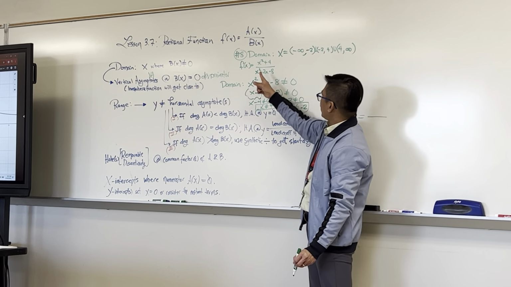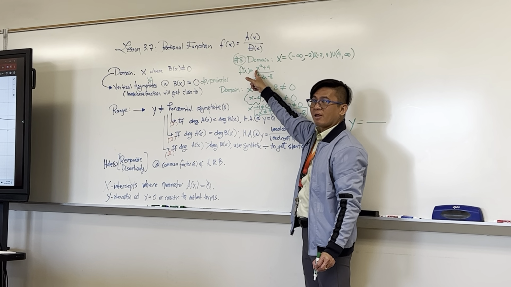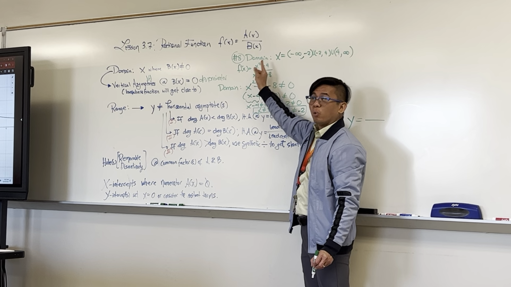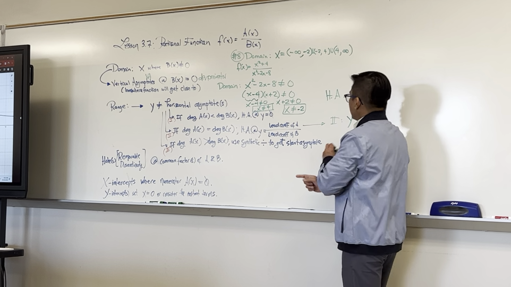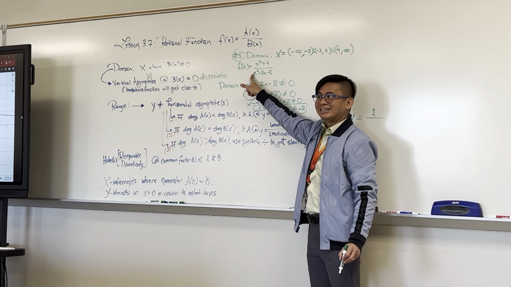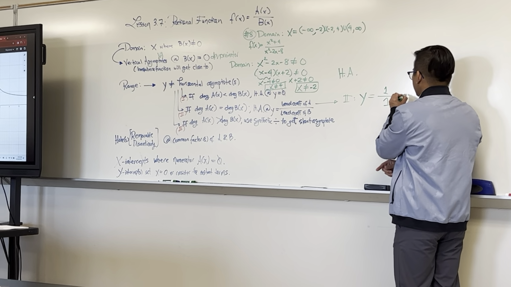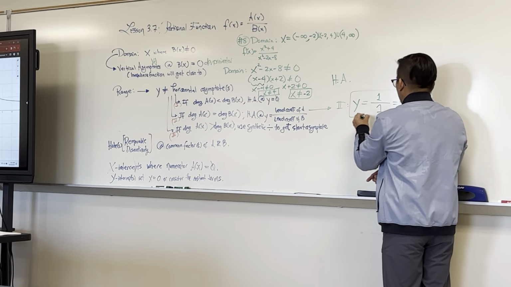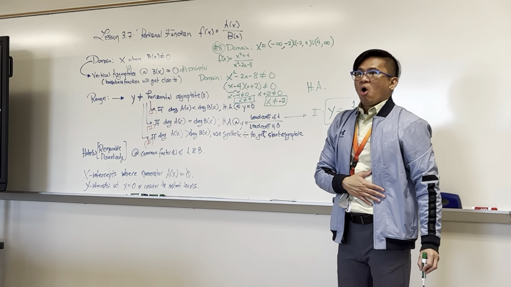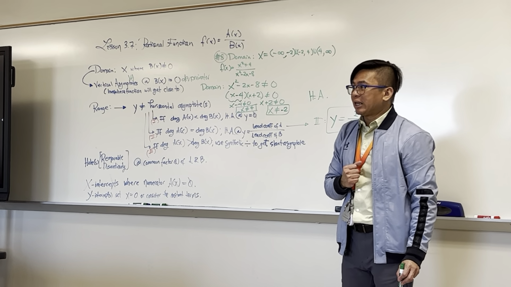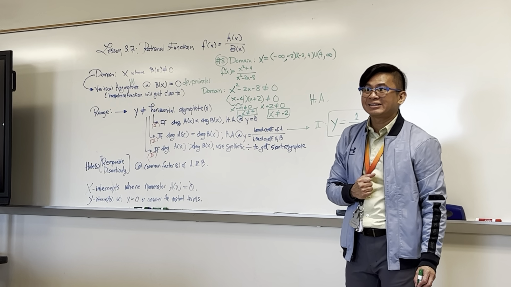What's the lead coefficient above? Logan. 1. There we go. What's the lead coefficient below? 1. There we go. That's it, right? y is equal to 1. That is your HA or horizontal asymptote. Are we good?